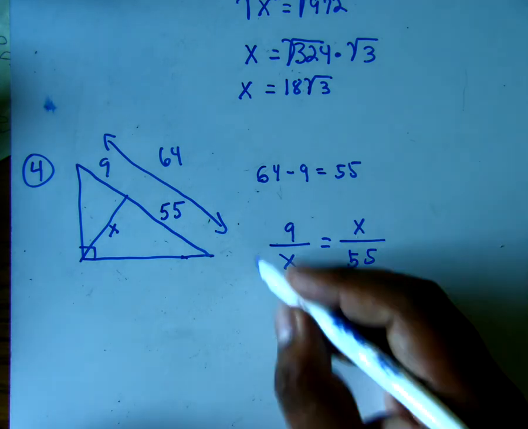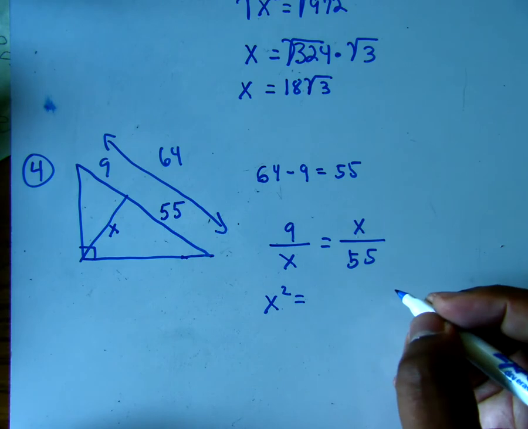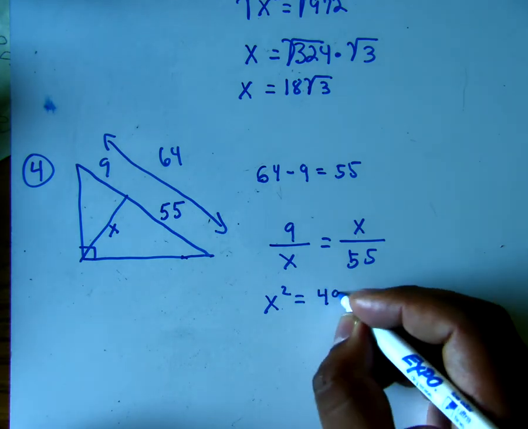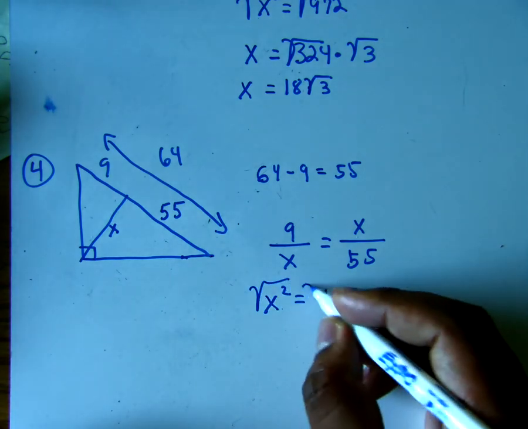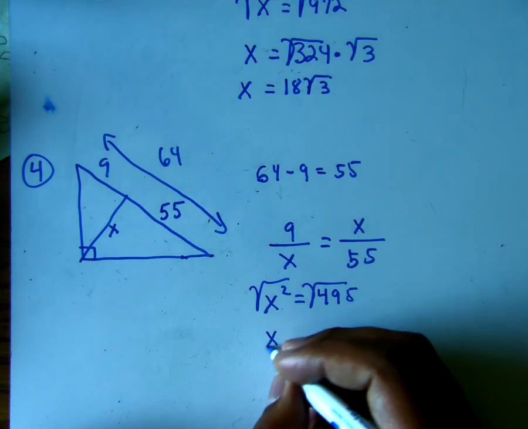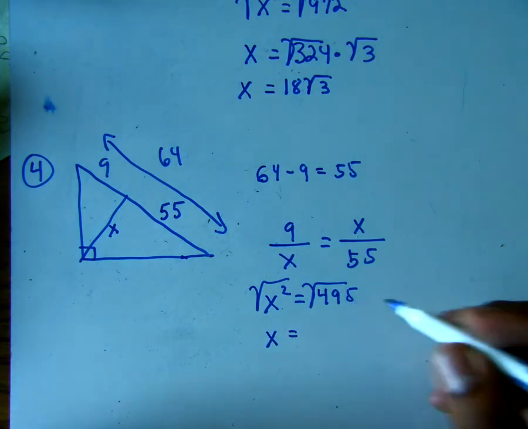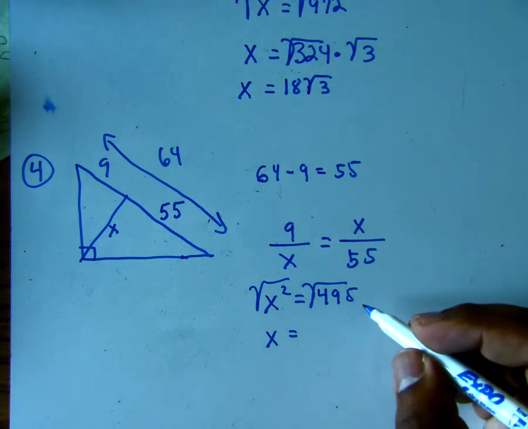All right, now we're going to cross multiply here, and that's going to get us x squared. It's equal to 9 times 55, 495. And we're going to take the square root. So when we do that, we have x is equal to square root of 495, which is not a perfect square. So you have to use one of our perfect squares to divide into it.